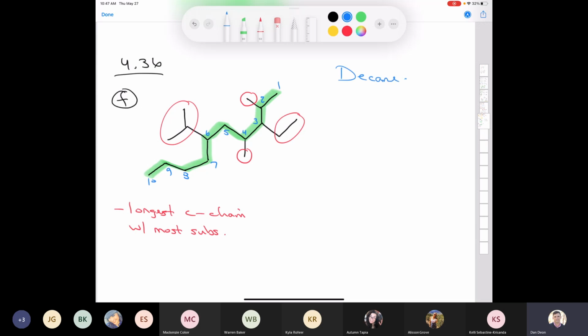But now we want to number and name the substituents. So we've got 2 methyl groups, so we have a 2,4-dimethyl. Then we have a 3-ethyl. And we have a 6-isopropyl. When we alphabetize, we're going to alphabetize the substituents.